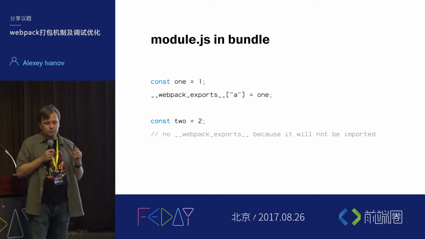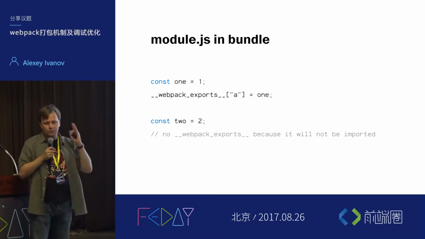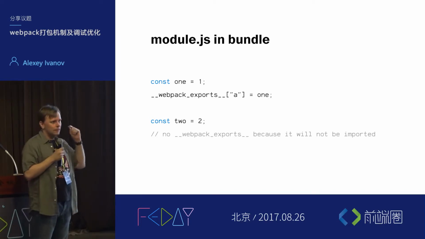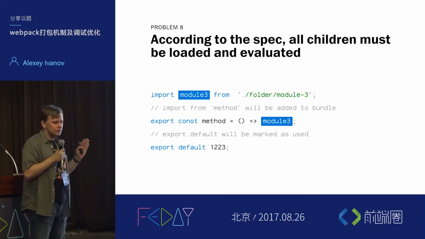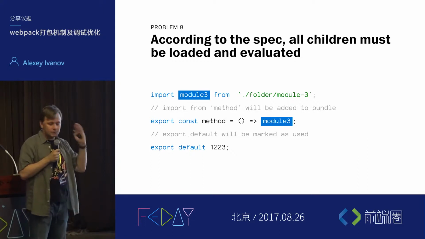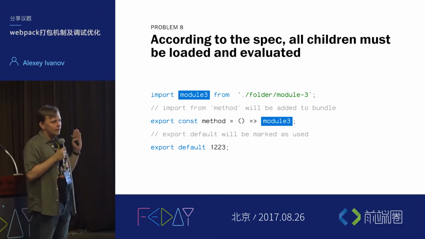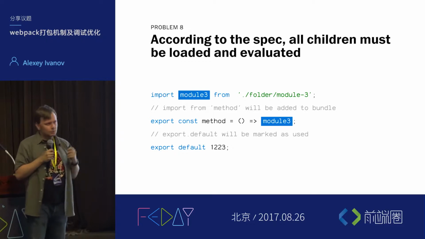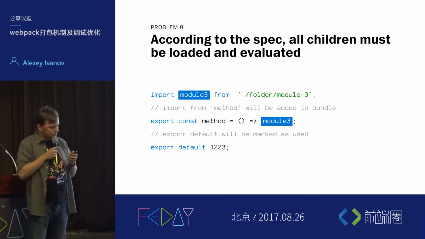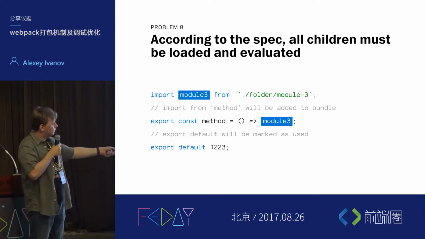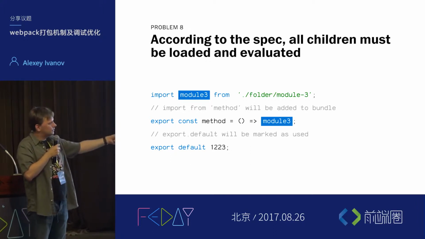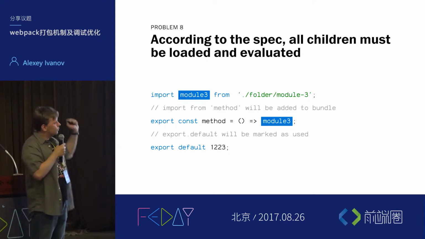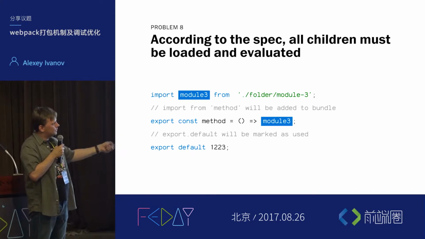But the problem is that because we have to work with the ES6 modules specification, we have to evaluate each file on load. So basically, if we have some files in the dependencies and imported something inside this file, we should always add this file inside our bundle and evaluate it.